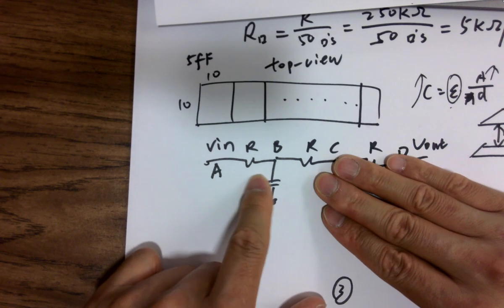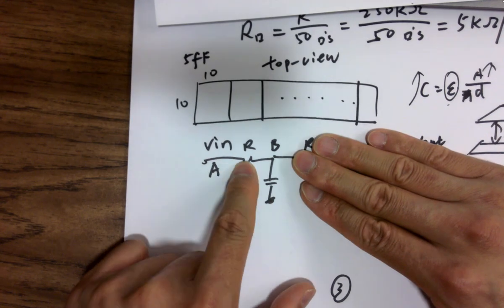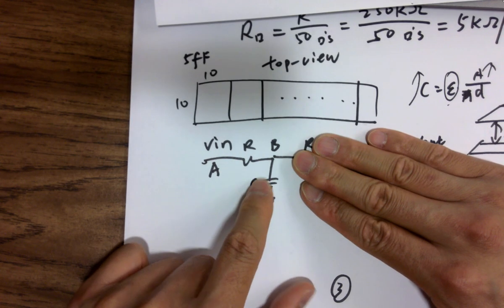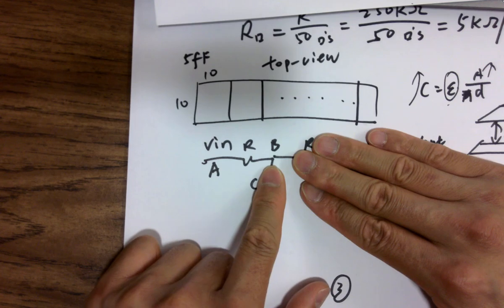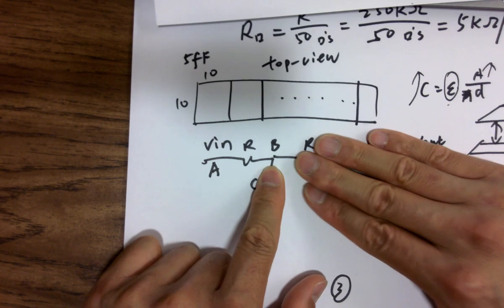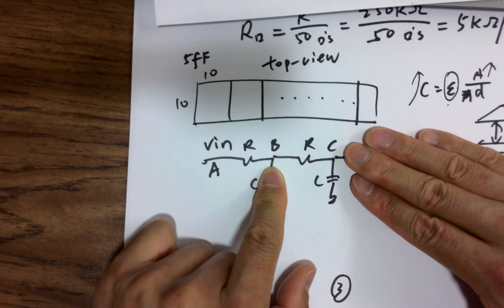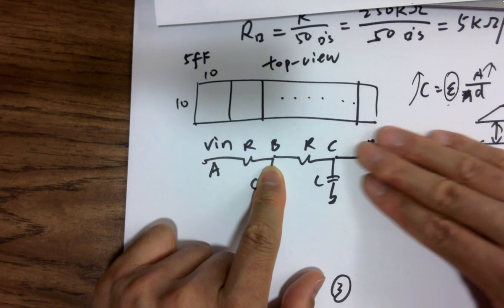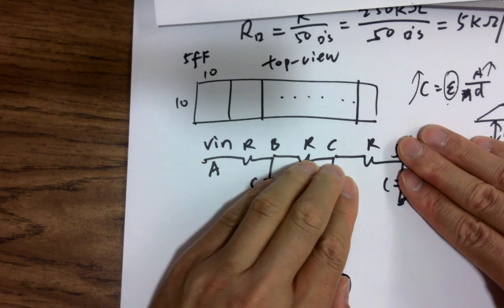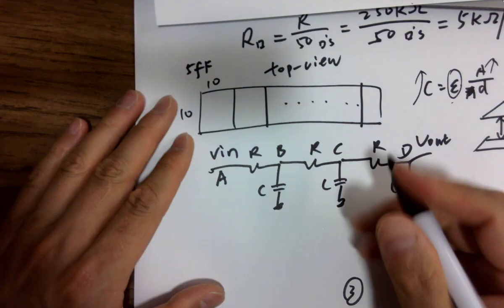For example, looking at the time delay contribution from this one, it's just 0.7 single R, single C. Then we disregard this one because its contribution is already counted. Now we only look at this one's contribution from A to C. What is that? 2 RC. And what about this one? 3 RC. So total delay will be A to D.